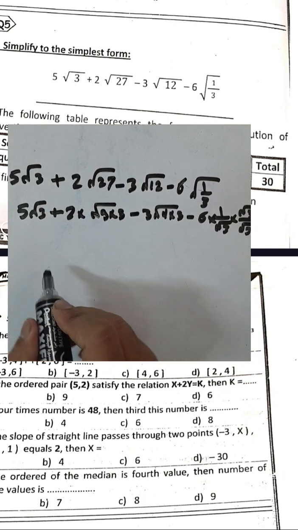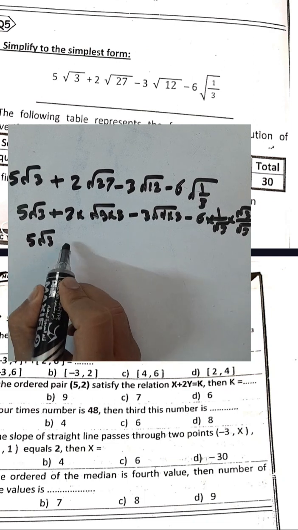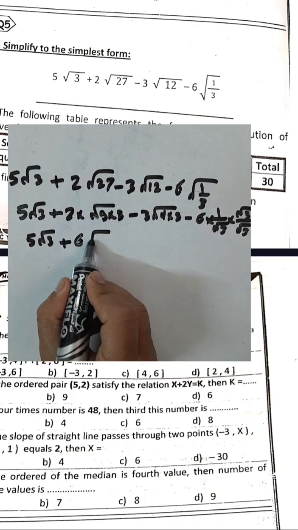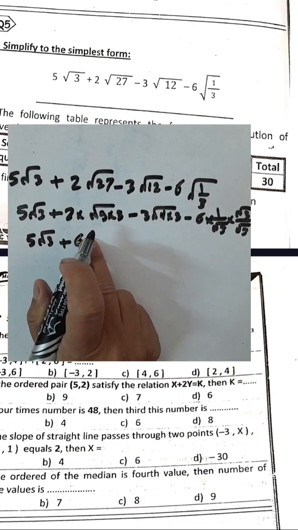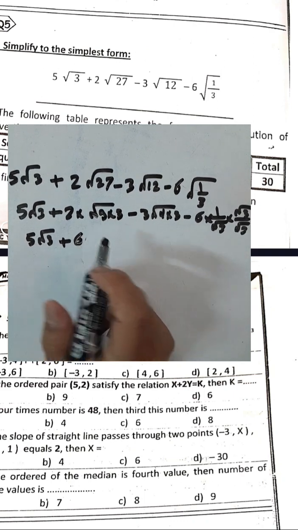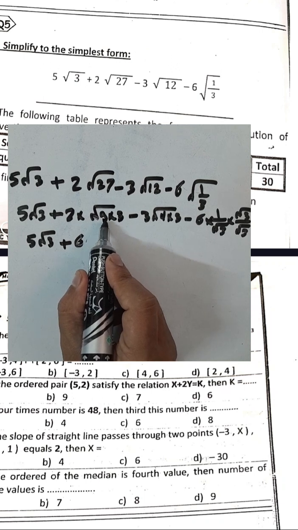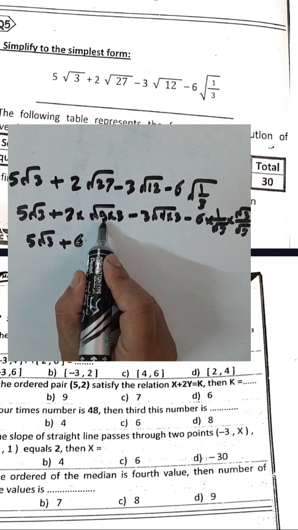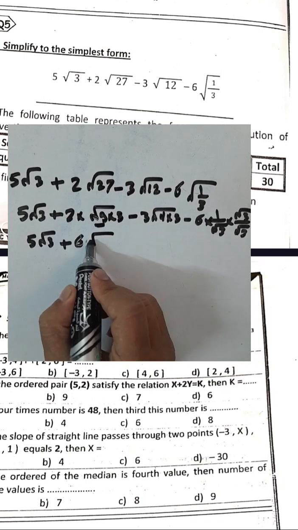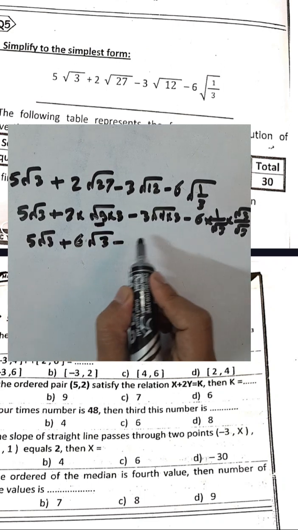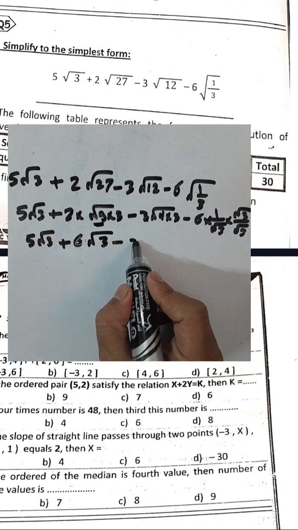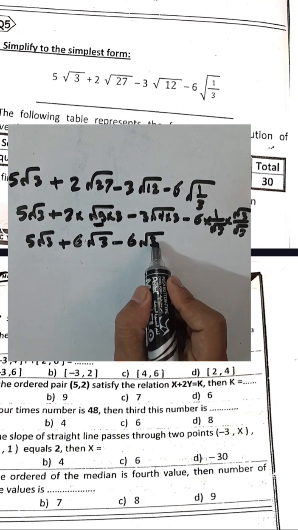And then you can write 5 root 3 plus 2 times 3 equals 6, and root 9 again, square root of 3, it will be 9, equals 3, 3 times 2 equals 6. Understood? Square root of 9, it will be 3, 3 times 2 is 6, and square root of 3 here. Square root of 4 equals 2, 2 times 3 equals 6, and the remainder square root of 3.